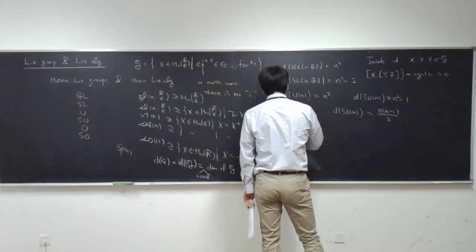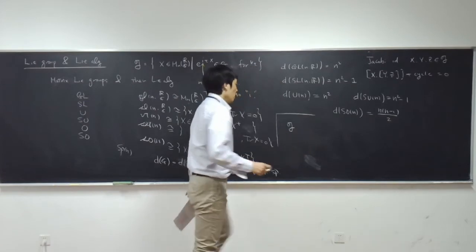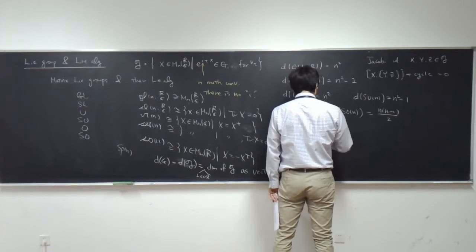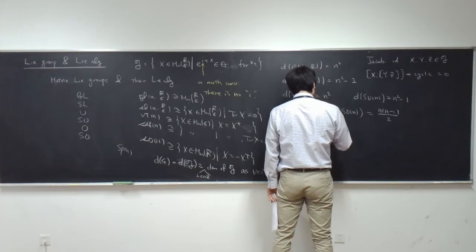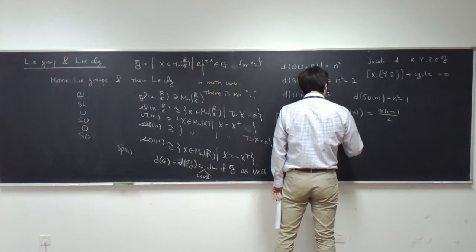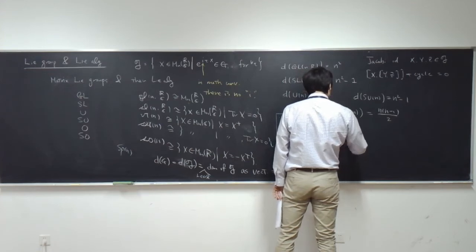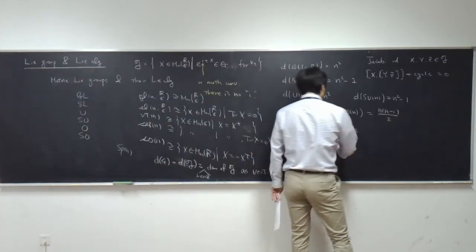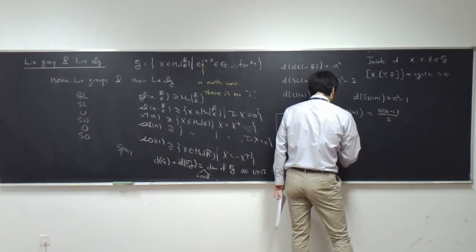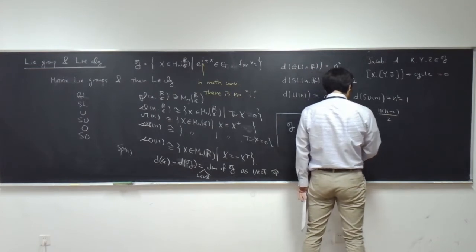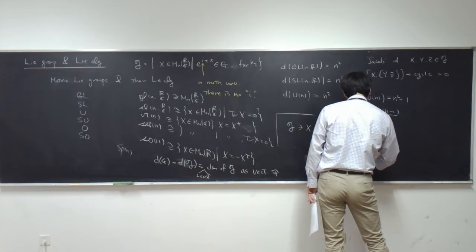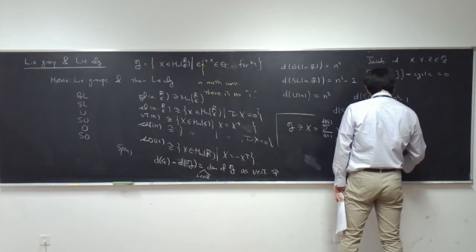So given a Lie algebra G, people just write the element x as the sum over a from 1 to dim G of x^a T^a, where x^a is just a number, and T^a is the basis of G as a vector space.